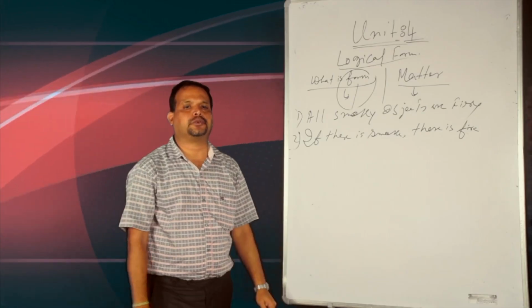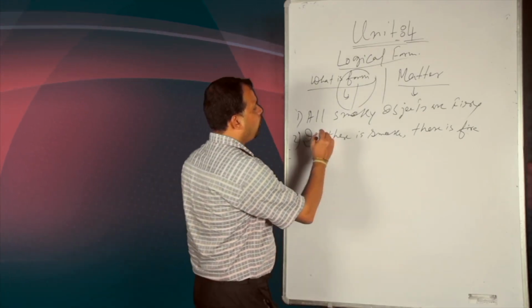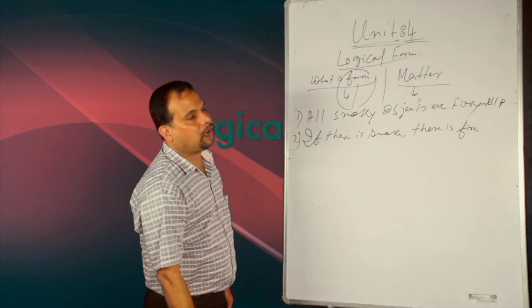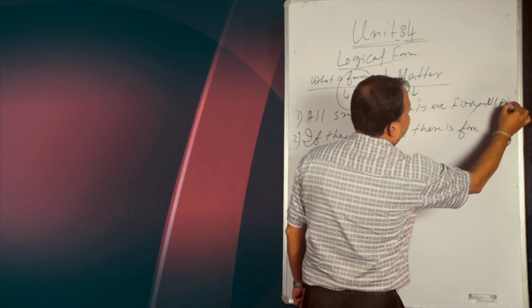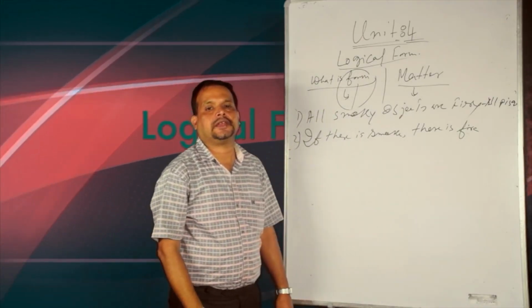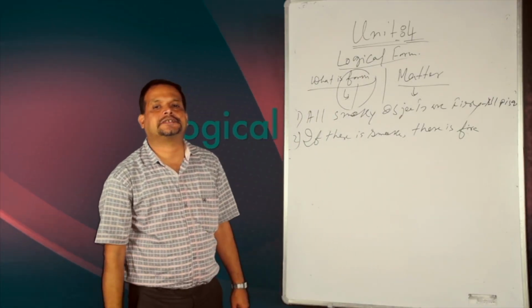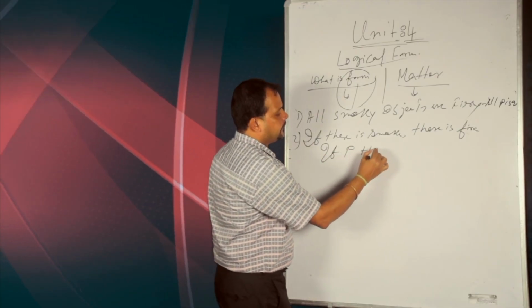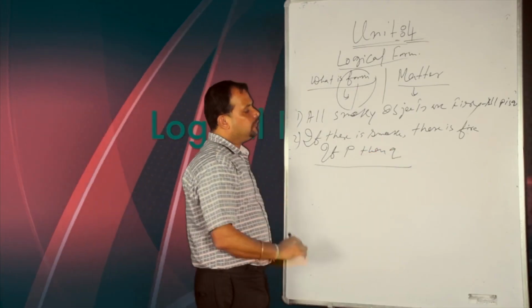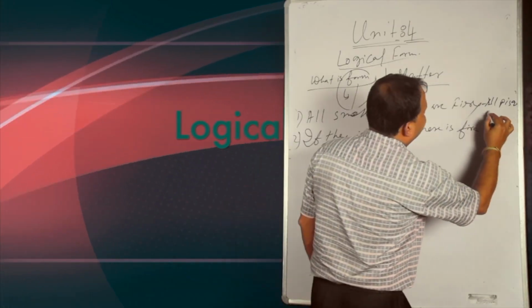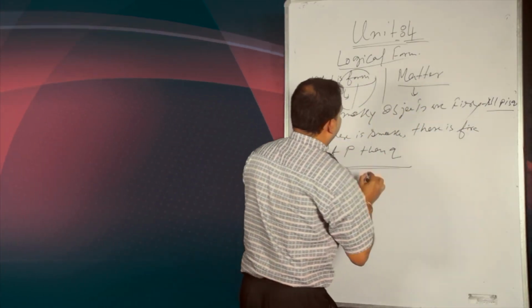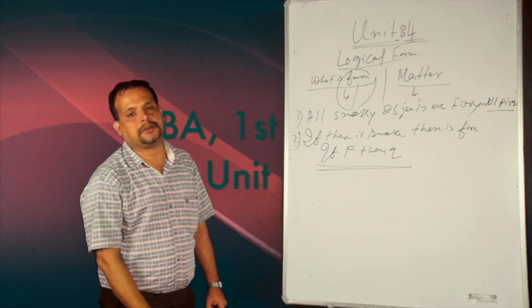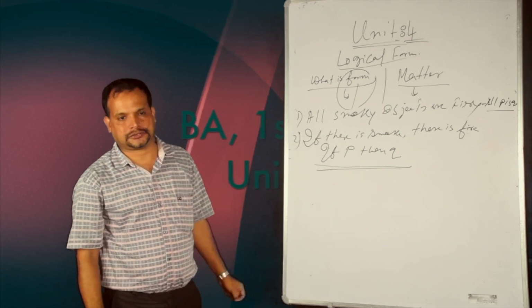The form of the first proposition is as follows: all S is P, all P is Q. We can say the second proposition has the following form, that is, if P then Q. Here you see the logical form is different in the case of the two examples, but the matter is the same in both examples.